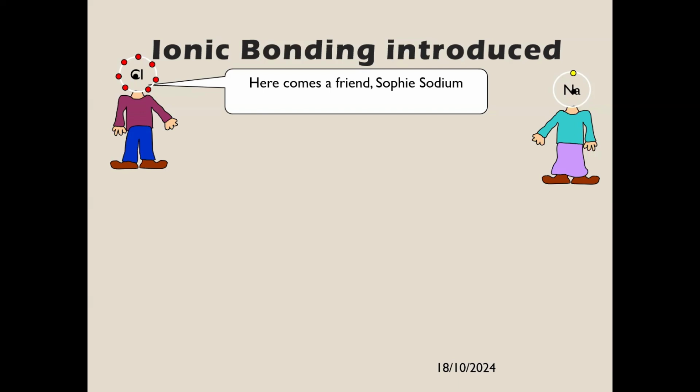The atomic number of sodium is 11, so the electron configuration is 2,8,1. So in the outermost shell of sodium there is only a single electron. Sodium will prefer to lose this electron to reach the octet configuration of electrons.